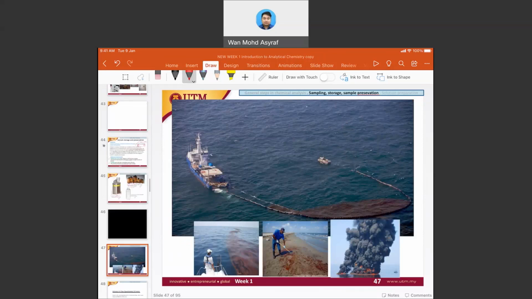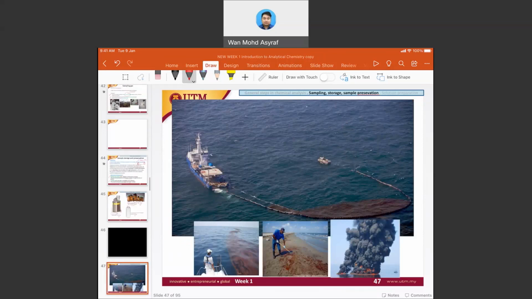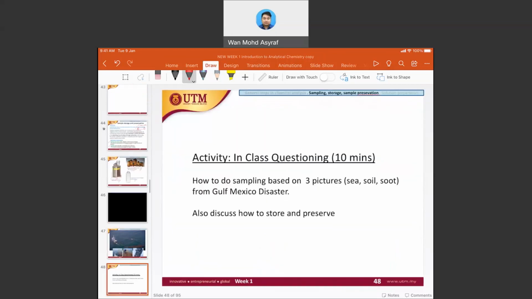So basically, what I want you to do is that for this particular slide, I want you to suggest to me. Let's look at this question first. How do we sample based on the three pictures?